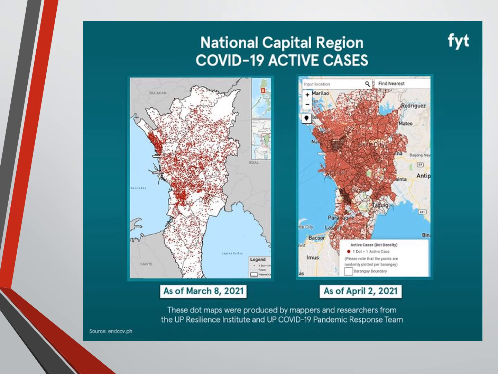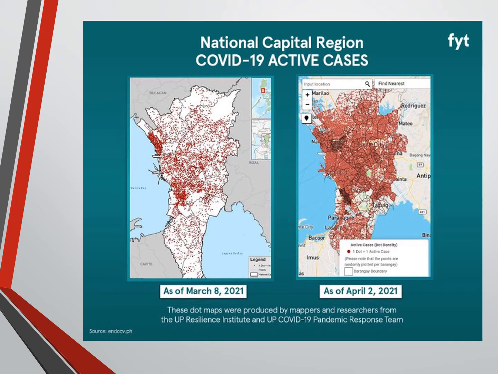Another example of a point is this one. These are the representations of the active cases in National Capital Region as of March 8, 2021 up to April 2, 2021. These red dots represent the point.